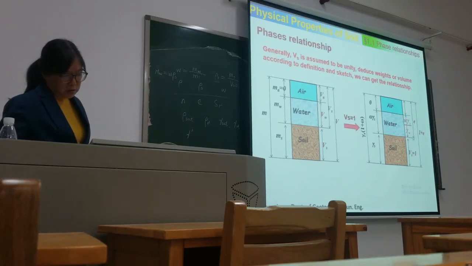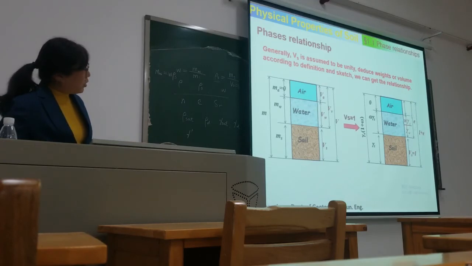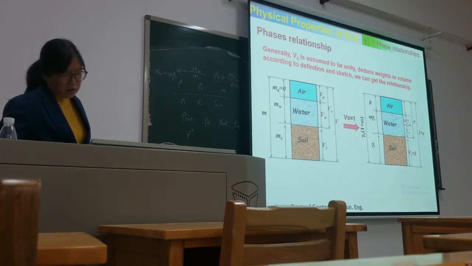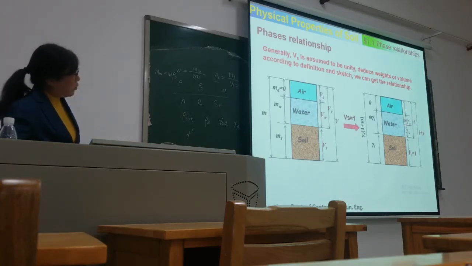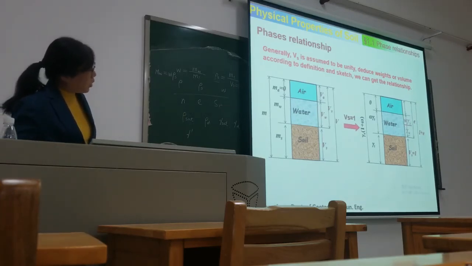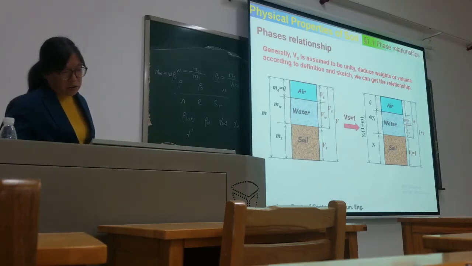So Vv is equal to e. Here Vs equals 1. Void equals e, okay? And the volume of water equals this equation.